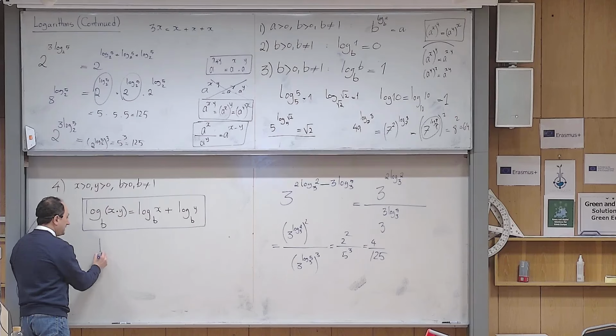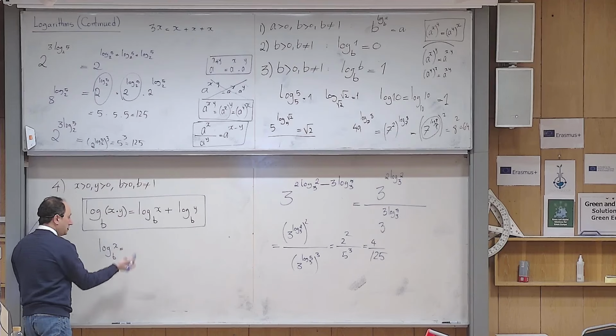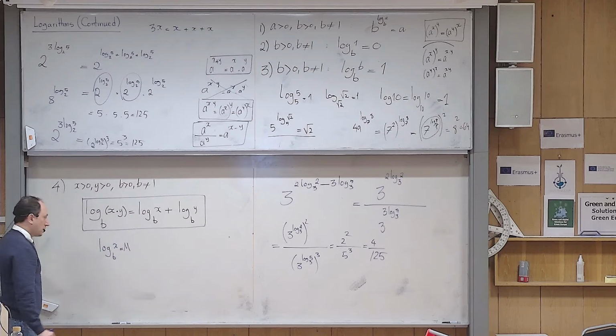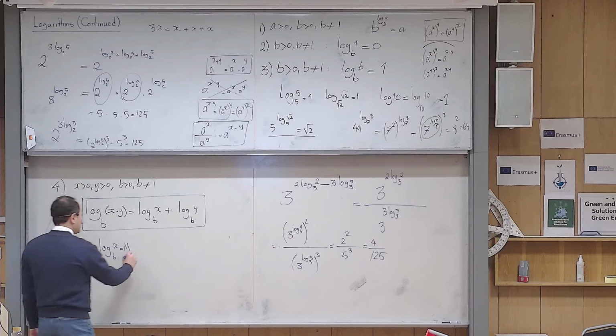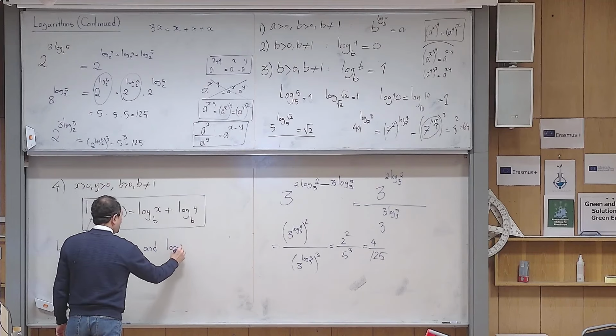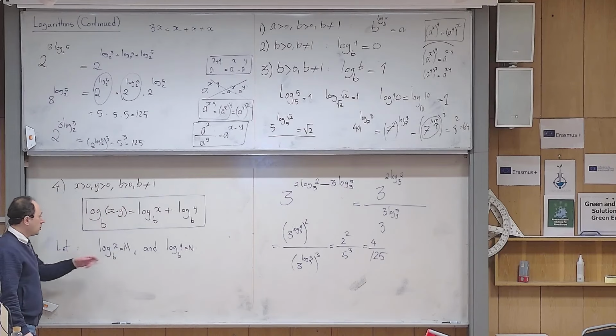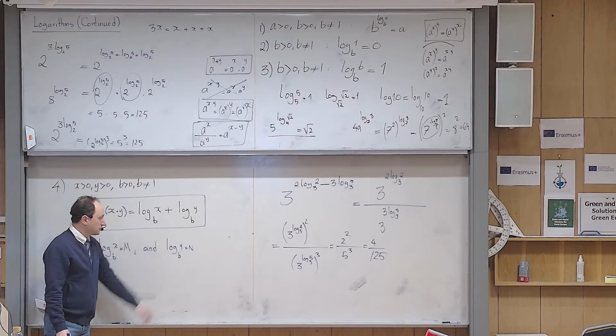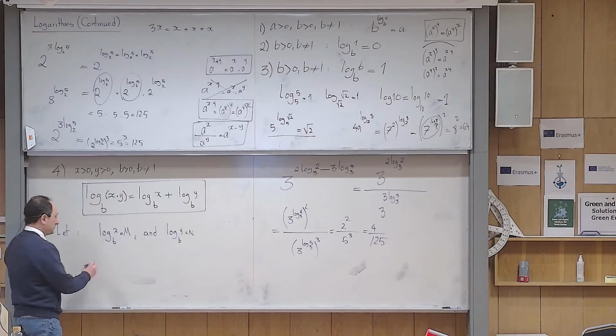Let me take this number and call it anything. Let me call it capital M. So listen to me please, let this be M and the logarithm of y to the base b be N. I am calling this capital M to facilitate the way that I am working and call this one capital N. But now I want your help.